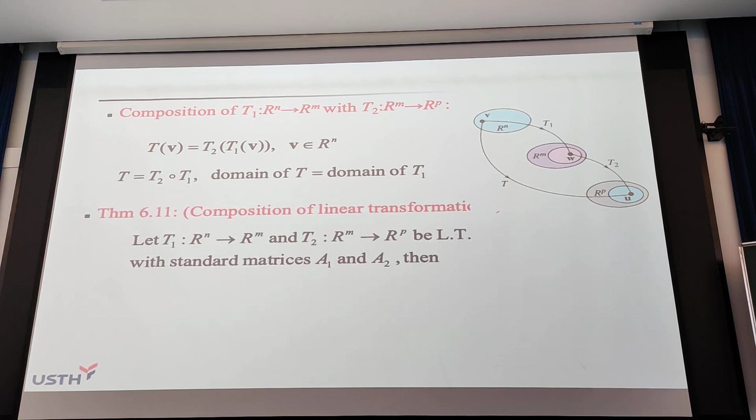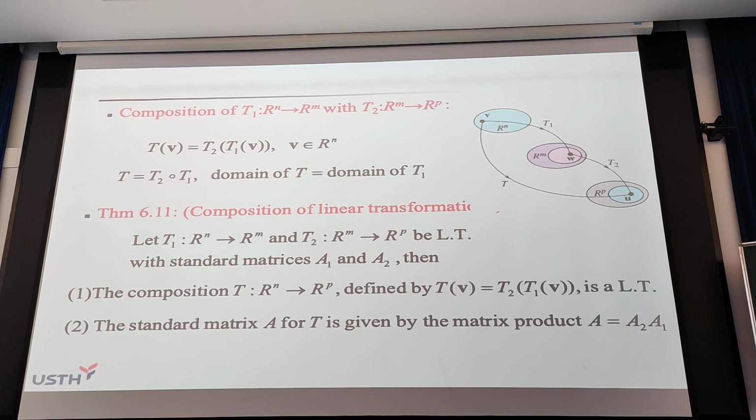Then, suppose that both T1 and T2 are linear transformations, and suppose that the standard matrix of T1 will be A1, of T2 will be A2. Then we have two things.